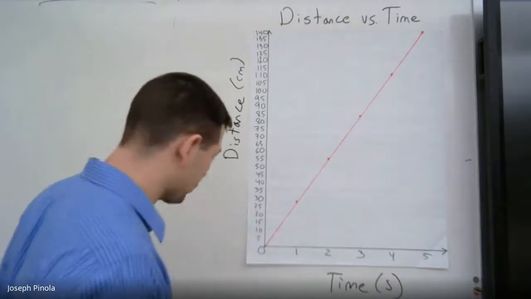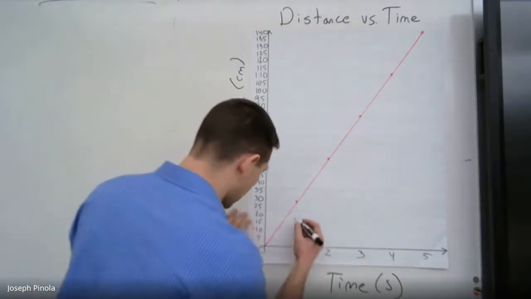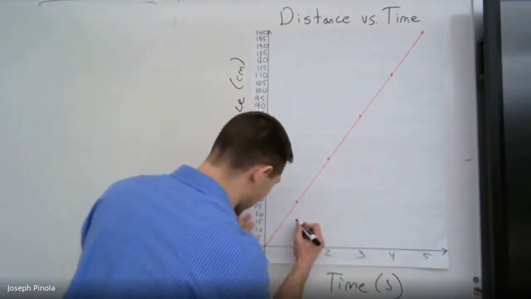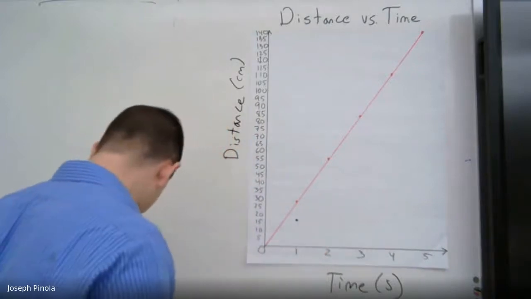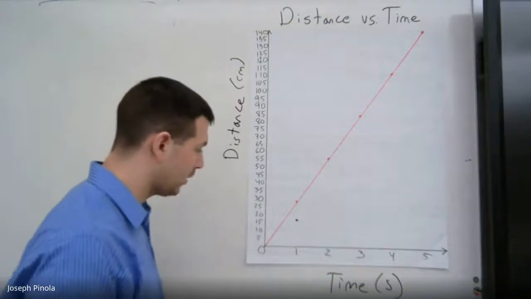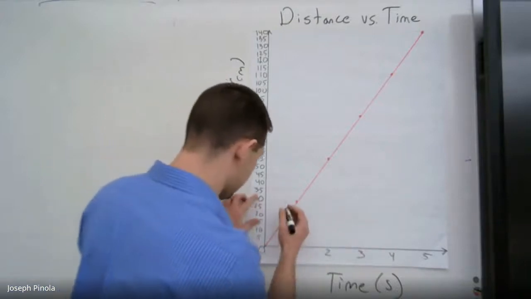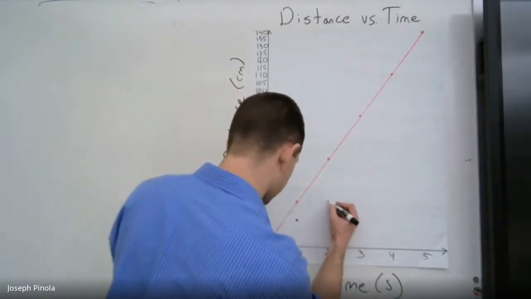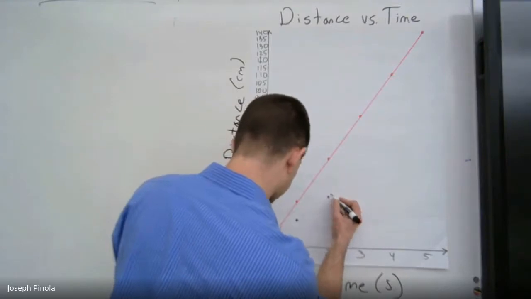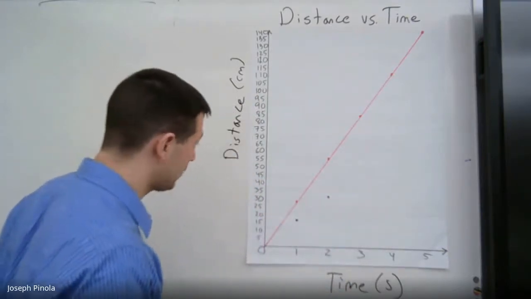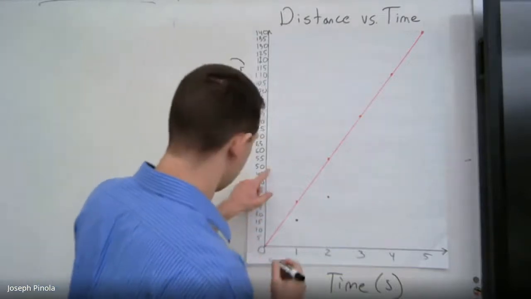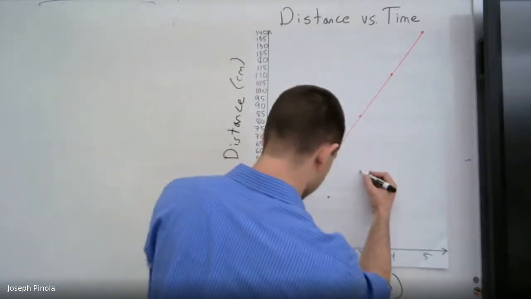I found the black train after 1 second only covered about 16.4 centimeters worth of distance. After 2 seconds, the black train covered 32.8 centimeters worth of distance. After 3 seconds, the black train covered 49.2 centimeters worth of distance.